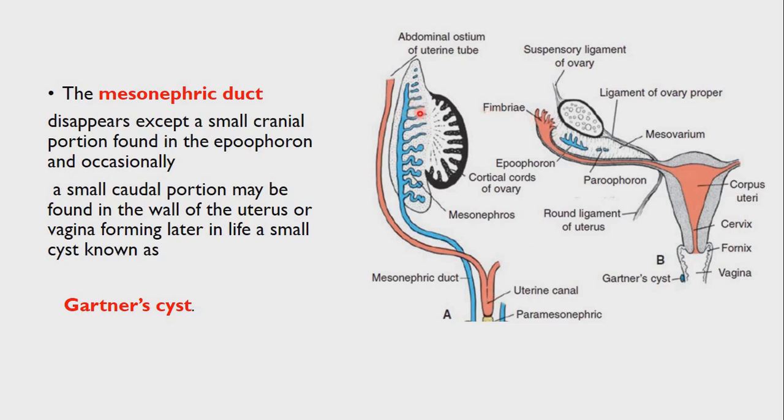This mesonephric tubule will degenerate and give rise to the epoophoron and paroophoron, while the most cranial portion of the mesonephric duct will degenerate and the remnant of it will be found in the epoophoron, and the most caudal portion of the mesonephric duct might be found either in the wall of the uterus or in the wall of the vagina, and will form later in life a cyst called Gartner cyst.